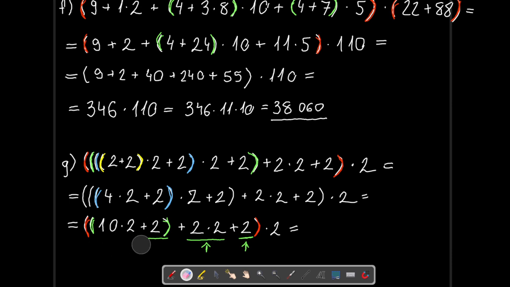So let's do these 3 parts in one step. We know that 10 times 2, we need to do the multiplication first inside the green bracket. So 10 times 2 is 20, and then we'll be left with 20 plus 2, which is 22.